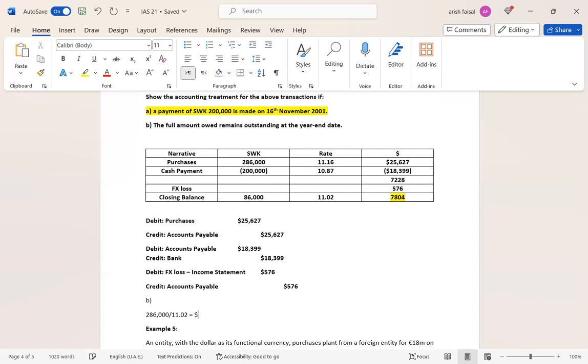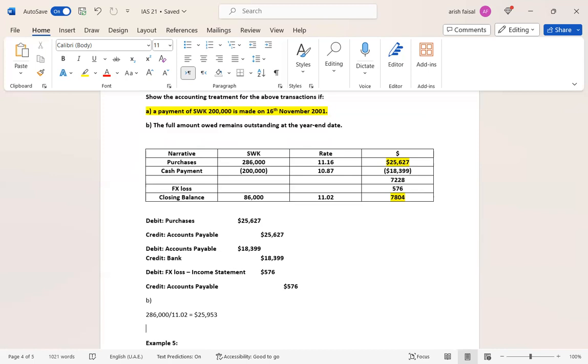So that turns out to be 25,953. Okay. So your liability went from 25,627 initially to 25,953. So there's a slight increase, and that increase will be considered as a loss.